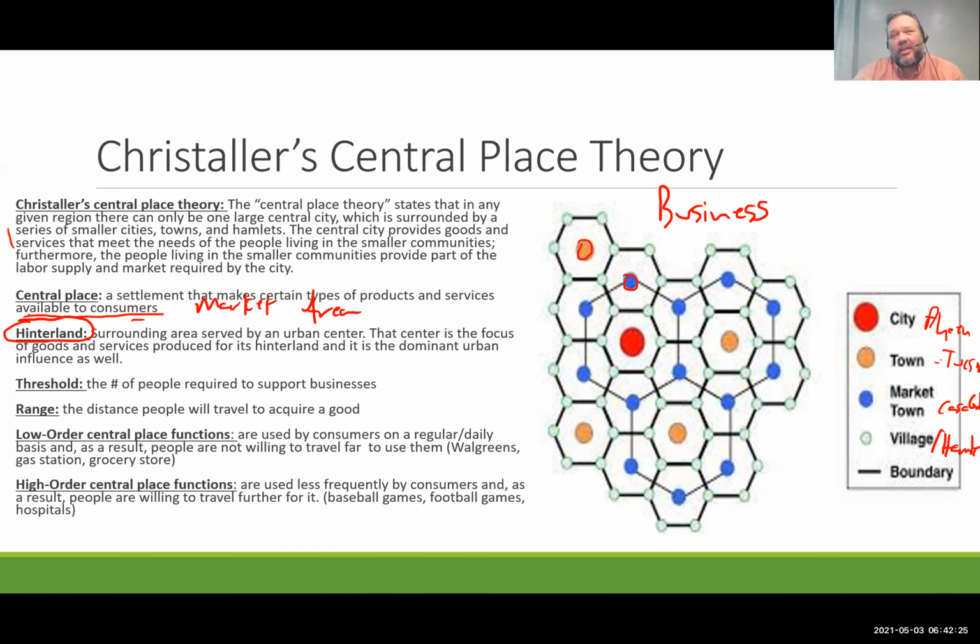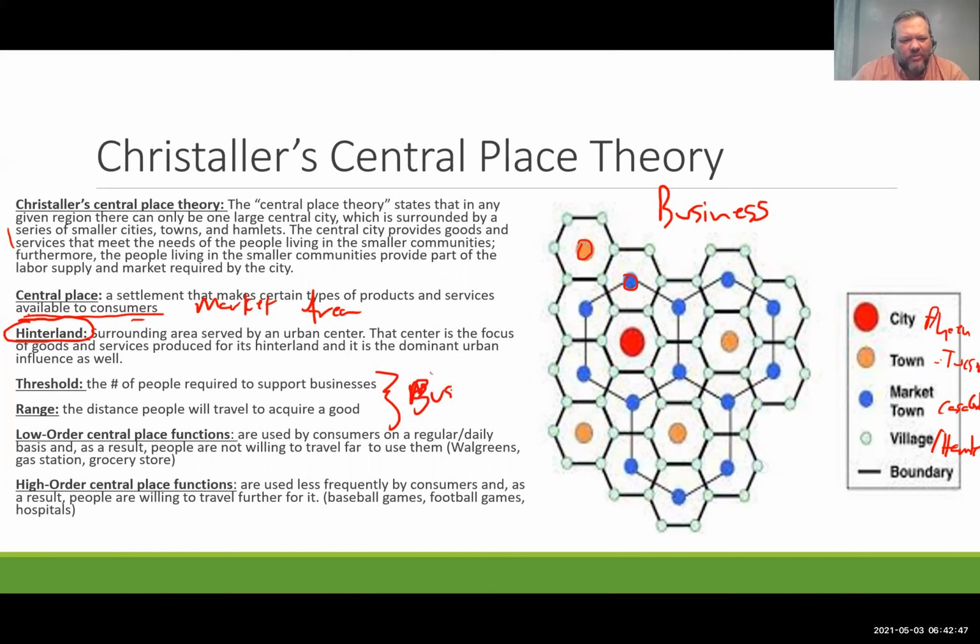If you look at a city like Prescott, up in the north, it is not going to be very far. Okay, and so hinterland is simply the focus of goods and services produced, and it dominates the area. Okay, and so it's how far out does the influence go, and so these two terms are for the businesses.